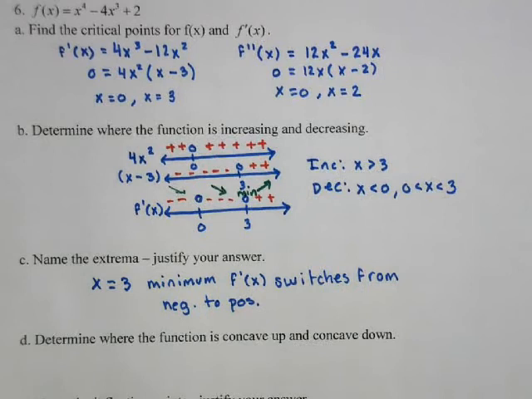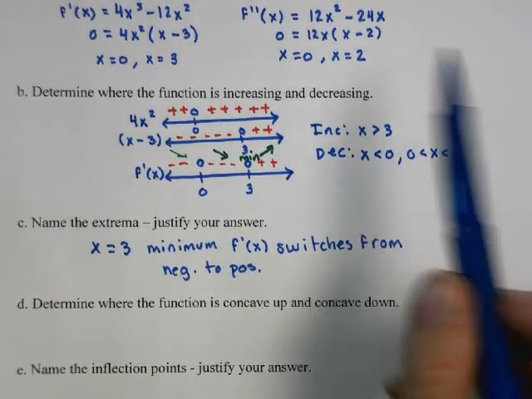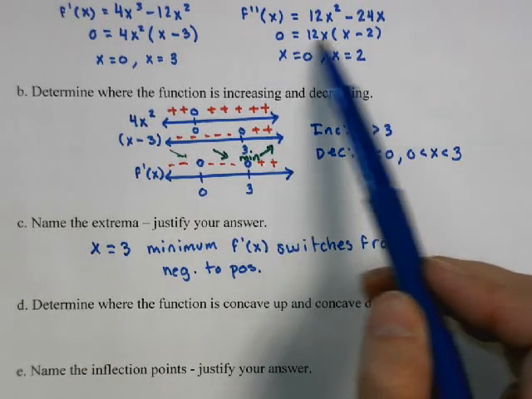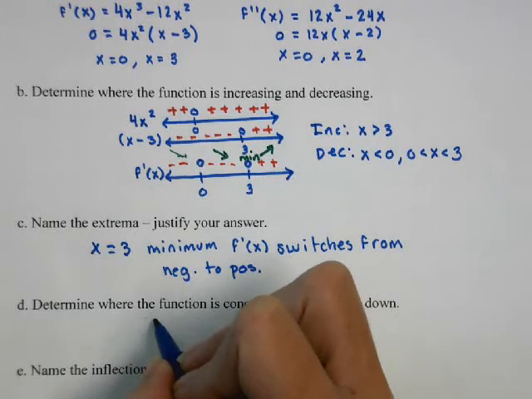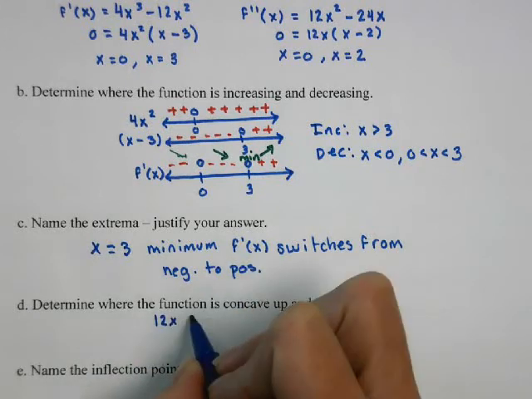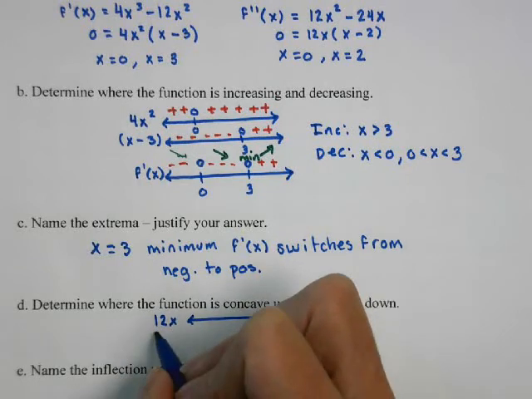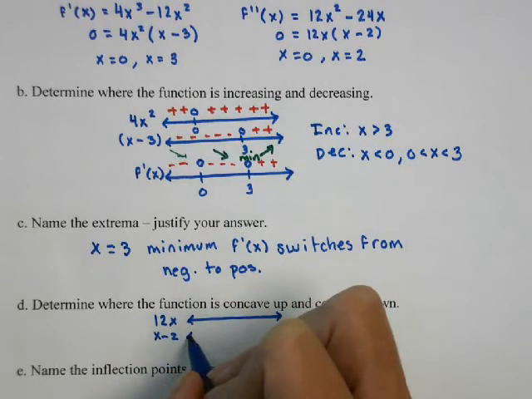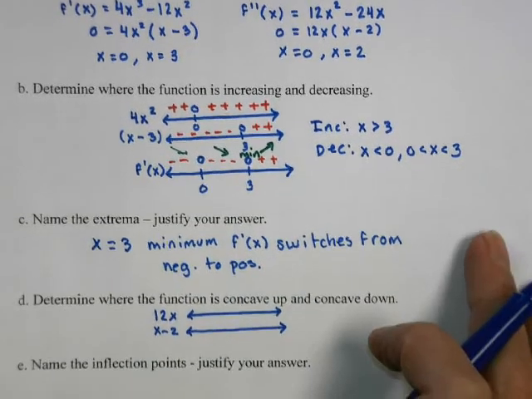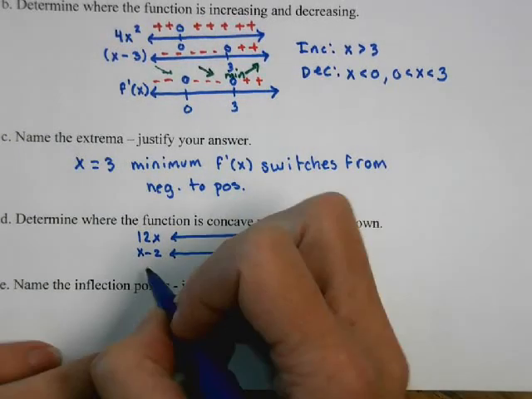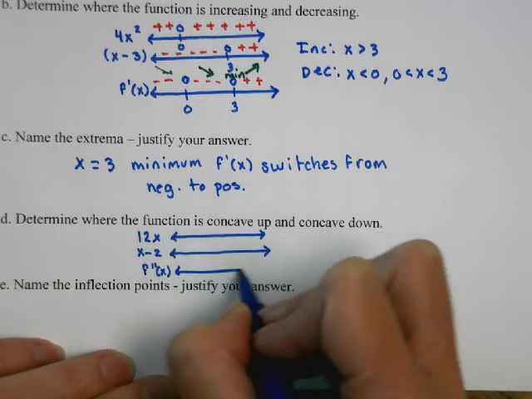To determine where the graph is concave up and concave down, we're going to use our second derivative. Again, I'm going to use the factored version here. So I'm going to have a number line for 12x, a number line for x minus 2, and then a third number line for the second derivative, based on what we get on the first two number lines.